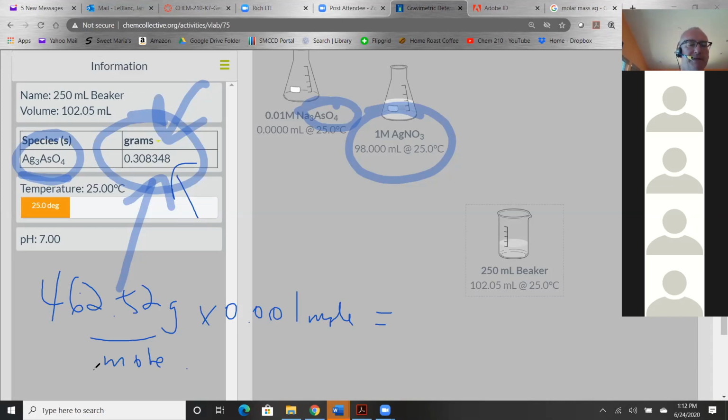So this is the mass of silver arsenate. If we had this much silver arsenate, what's the mass of solid we would expect to see?